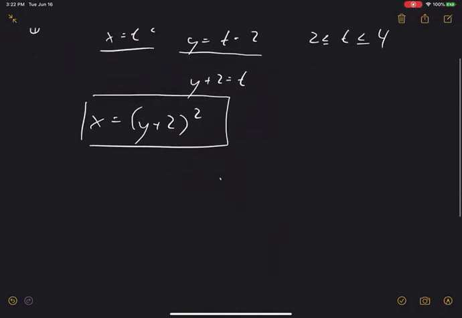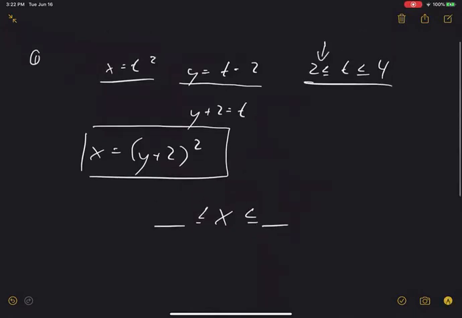It wants x between two values, just like t is between two values. So basically you plug these t values into x to get your range of x. When I plug t equals 2 into this, I get 4. And when I plug in 4, I get 16.